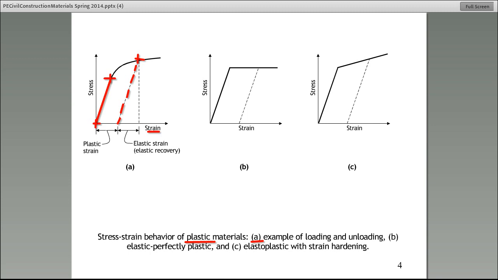And remember, I mentioned to you before that when the load gets beyond the yield point, or the stress gets beyond the yield stress, then the material starts acting plastically, which means it will not return to its original shape. So it goes back along this dotted red line, and what is important for you to understand is down here.